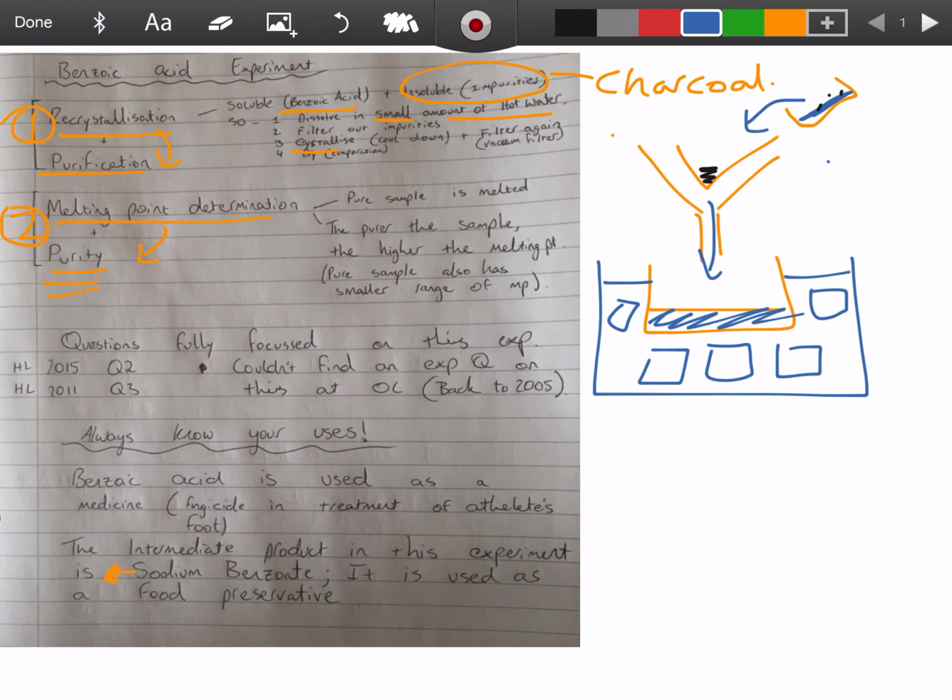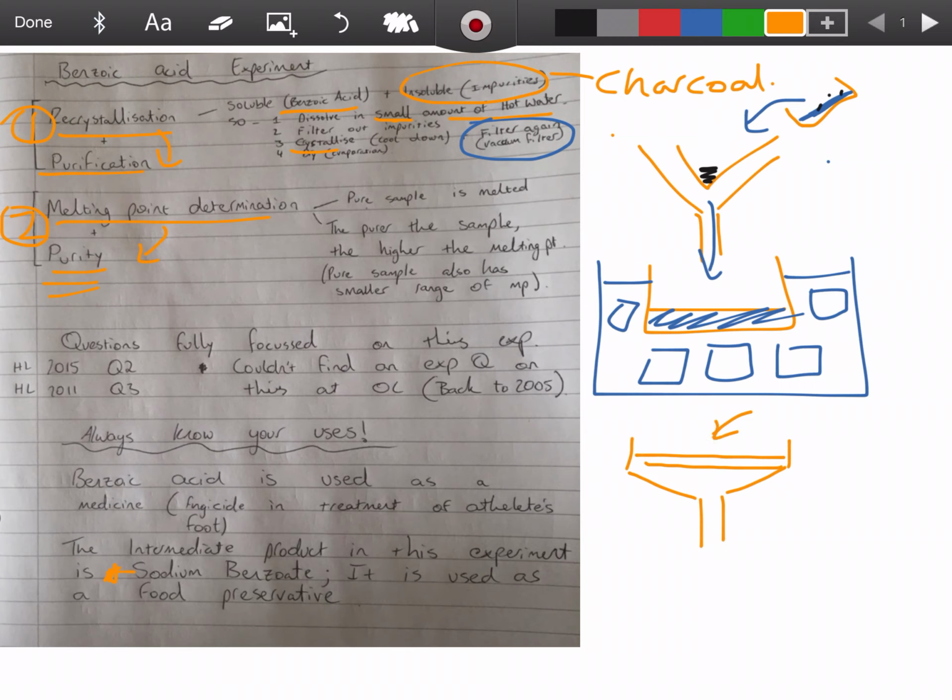Then finally, we filter it again using the vacuum filter. As you've seen in the diagram, it looks like we've got a ceramic kind of filter, like a plate or a pot. It's not glass, it's not see-through, and we have a flat surface here which is porous, with loads of holes in it. We put a flat piece of filter paper down and pour in the crystals and whatever solution is left.